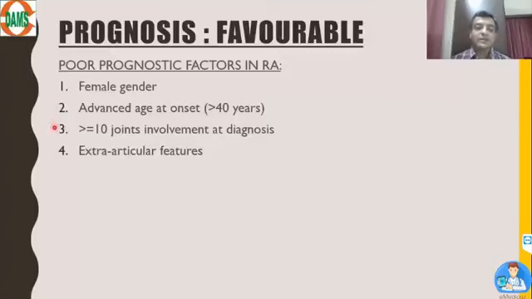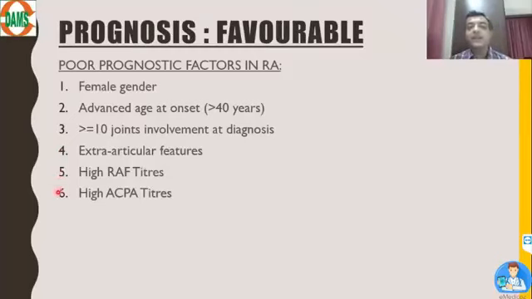More than 10 joint involvement at diagnosis, extra-articular feature, poor prognosis. Just quickly note down, these are just points, enumerate which are the poor prognostic features. So female gender, advanced stage of onset, more than 10 joint involvement, extra-articular feature, and high RA factor, high ACPA titer.